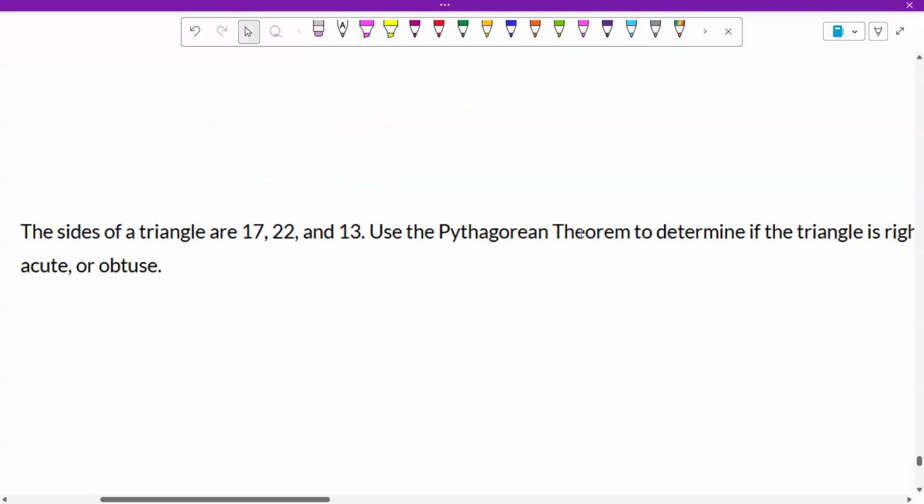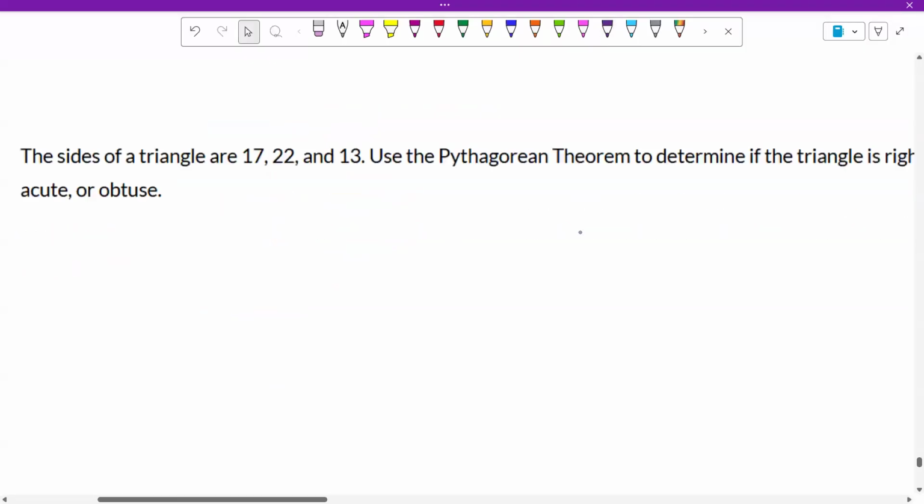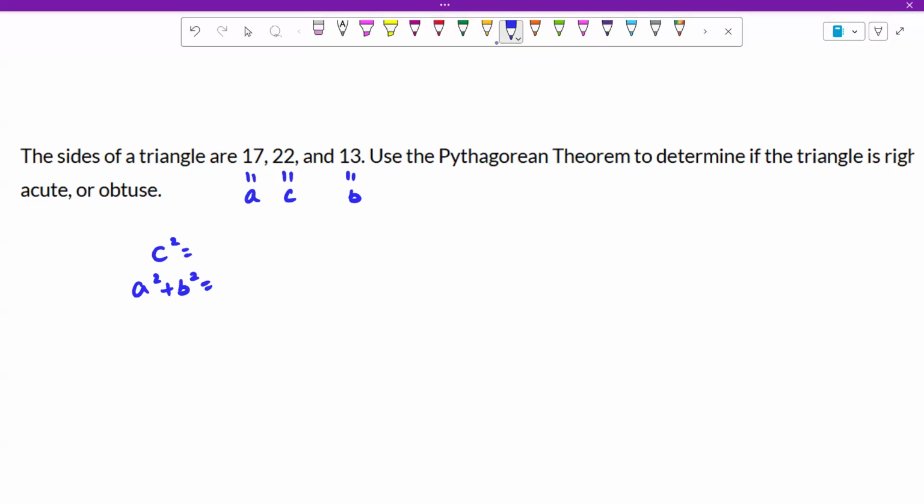Alright. So here is another one. These are smaller numbers as compared to that. Again, this is C, this is A, this is B. Let's check out the C square, A square and B square. What is 22 square equal to? It's 484.